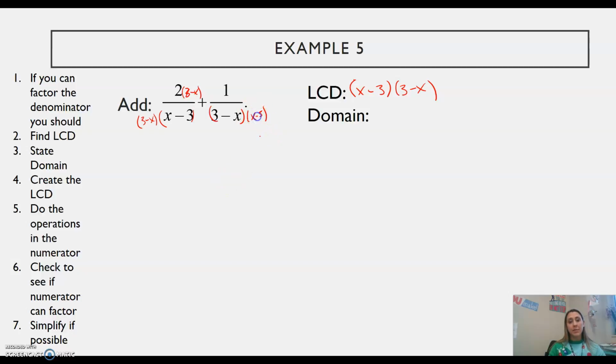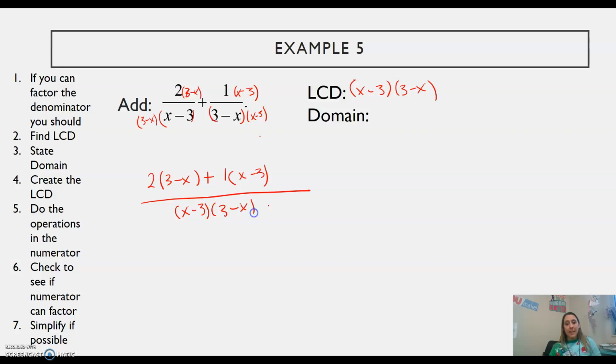There's a minus there. Okay, so then I end up with 2 times 3 minus x plus 1 times x minus 3, and all of that's going to be over our common denominator of x minus 3 times 3 minus x.